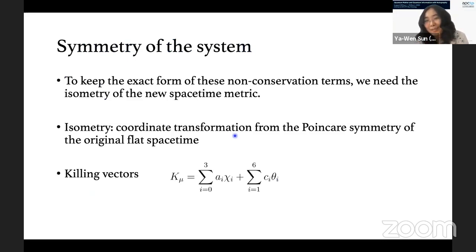One is just to solve the Killing vectors for this new metric J_{μν}. And the other way is to transform the original Killing vectors, that is the 10 generators of the Poincaré symmetry, 4 translational ones and 6 Lorentz ones, by coordinate transformation to this new reference frame, and they both give the same results.